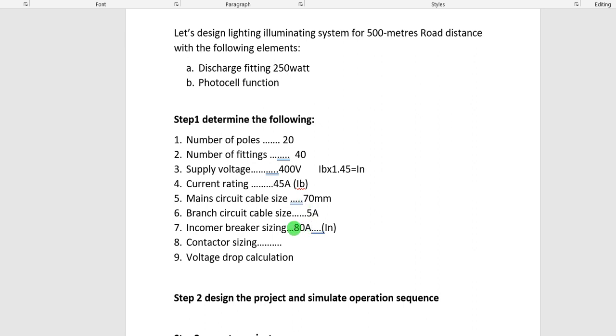There's another calculation to know how many seconds this cable size will take to respond, but that is a different approach. I'm just giving you a freehand sketch and reasoning. So this is 70 mm square and this is 80 amps.